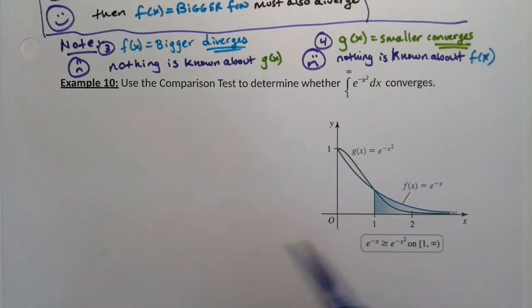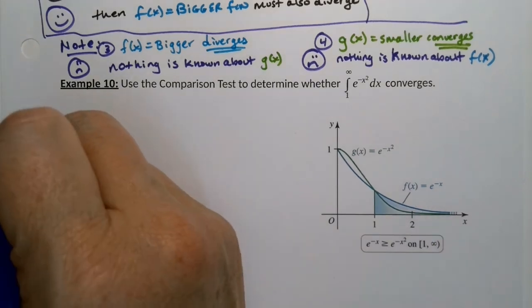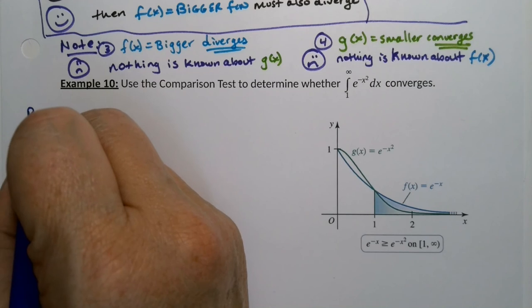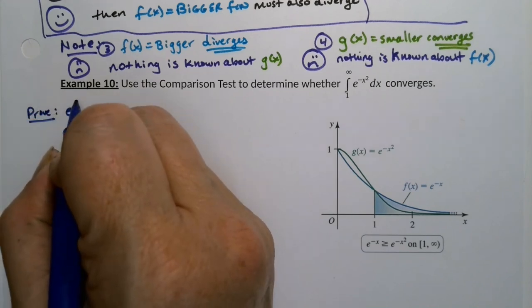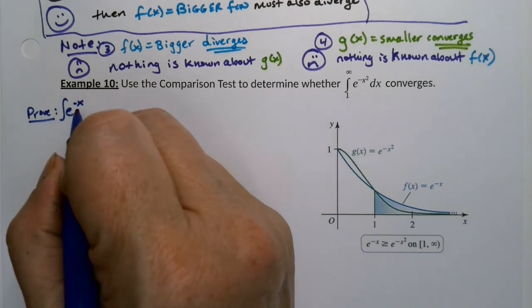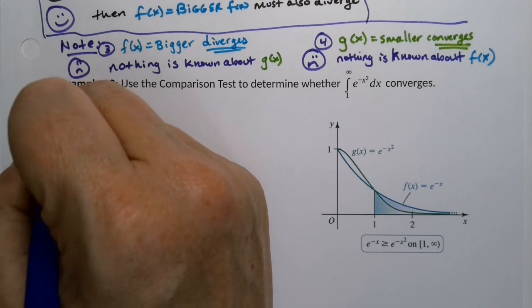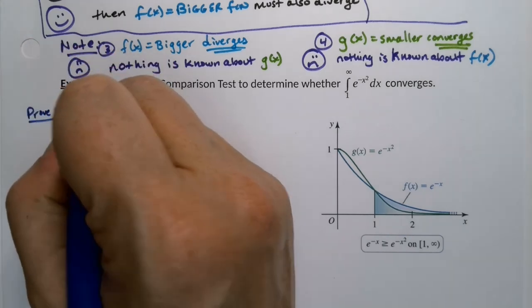All right, so let's start by proving that the integral from 1 to infinity is convergent.